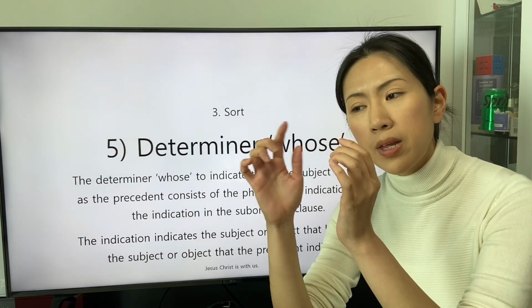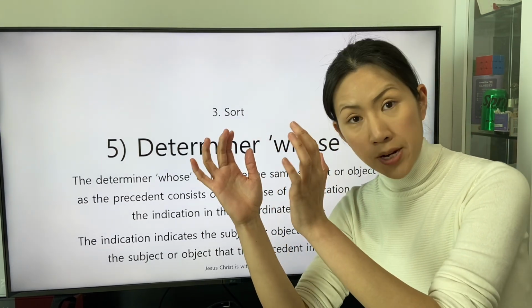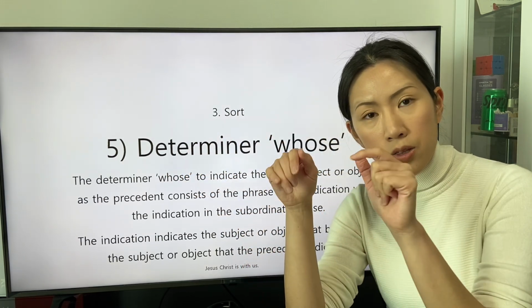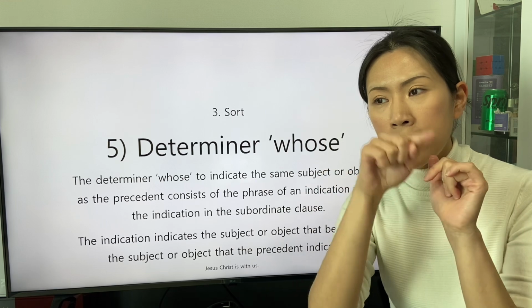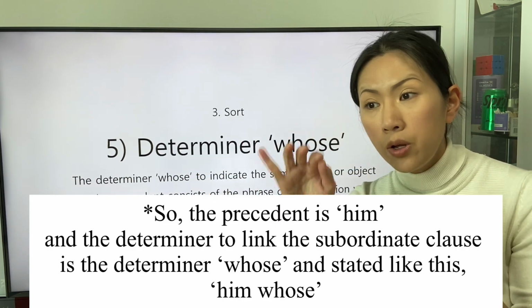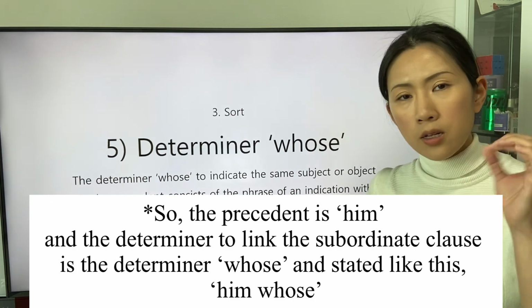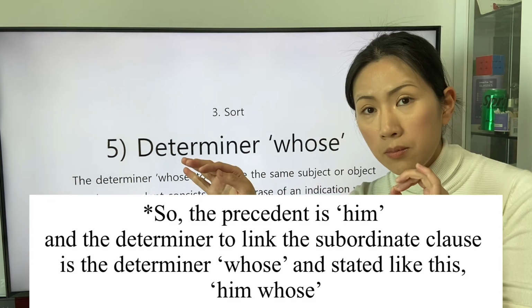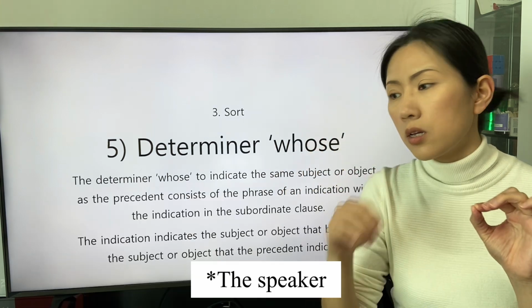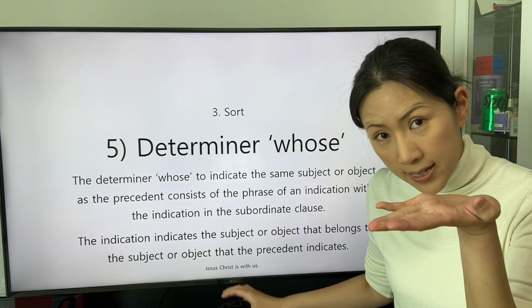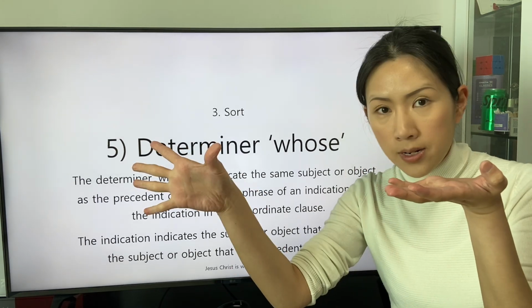The speaker describes the precedent him and indicates the same object by the determiner whose. Him, whose indicates the object that belongs to the precedent.